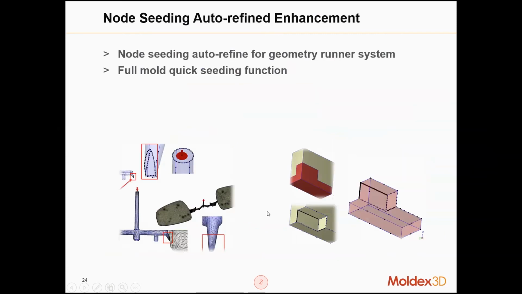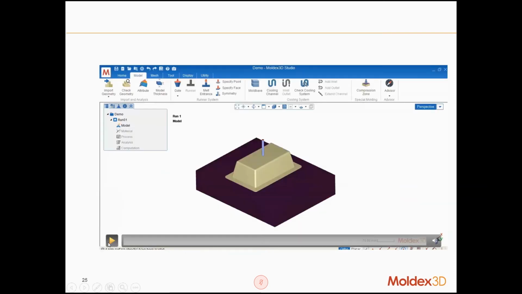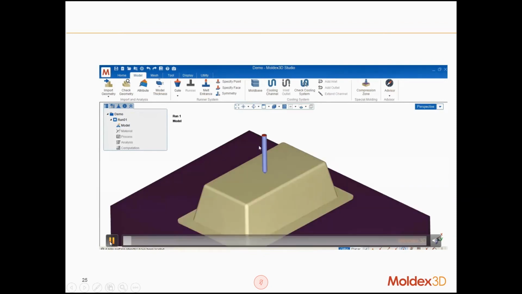And next one, we have some improvement for the node seeding. Let's just see the example, easier to understand. This is also almost the same sample.